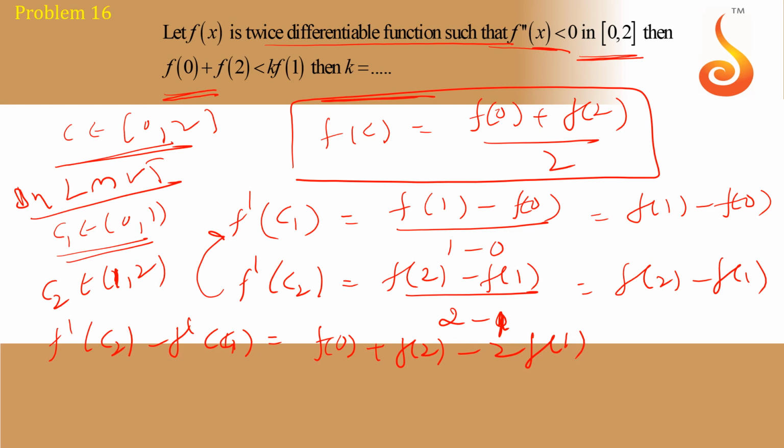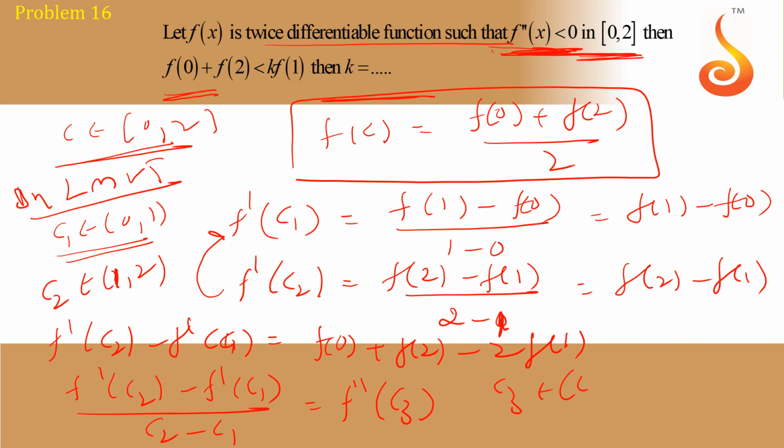Observe carefully. Now in between 0 to 2, f double dash is negative. What does it mean? So you can tell, if I take f dash x as a function, it is a decreasing function. Otherwise, again you can apply LMVT, that is (f dash C2 minus f dash C1) by (C2 minus C1) will be f double dash of some C3, where this C3 will be in between C1 and C2.